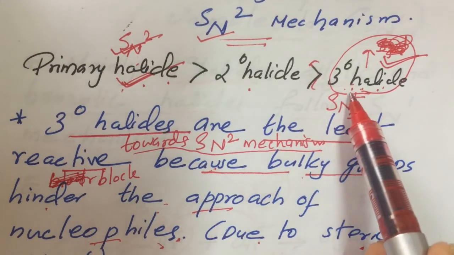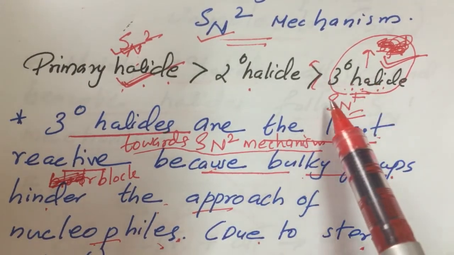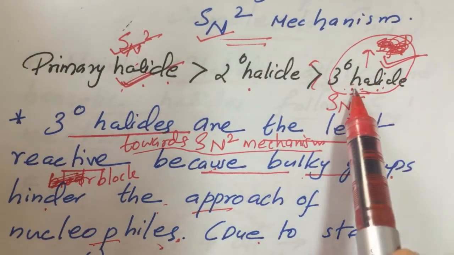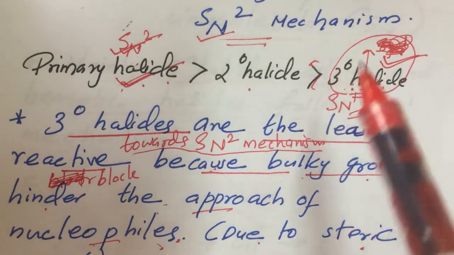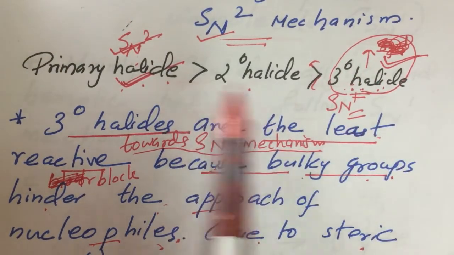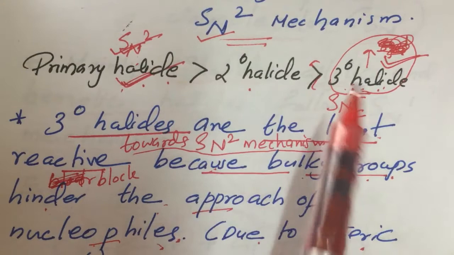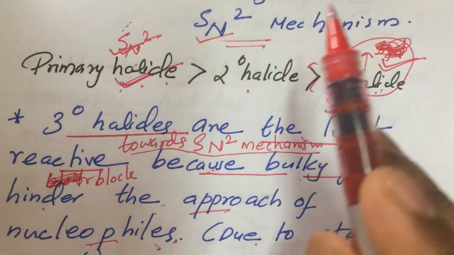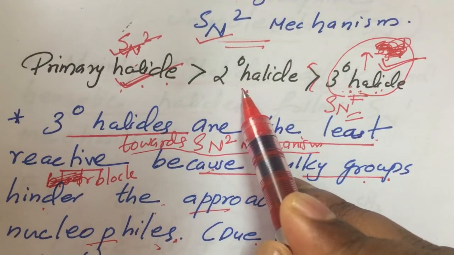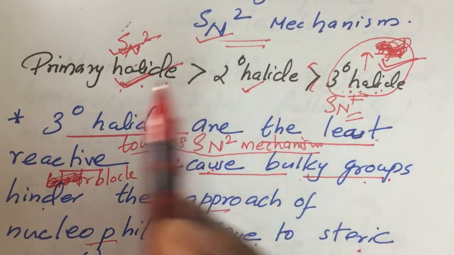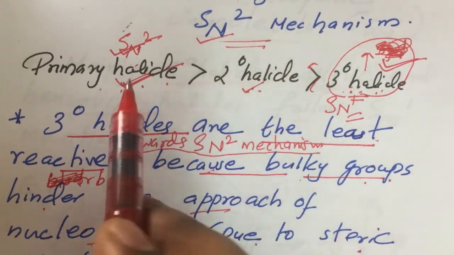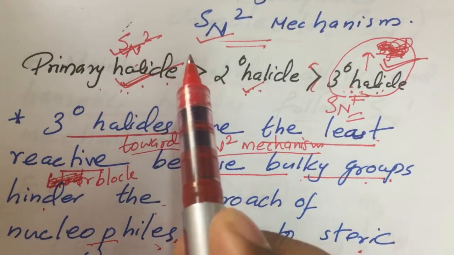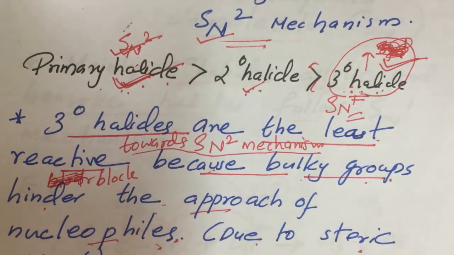Tertiary halides prefer the SN1 mechanism. The chance of the SN2 mechanism for tertiary halide is very less. Secondary halides come between primary and tertiary. If secondary and tertiary halide are given, then SN2 reaction is possible in secondary. If primary and secondary halide are given, out of these 2, the chance of the SN2 mechanism is more in primary halide.